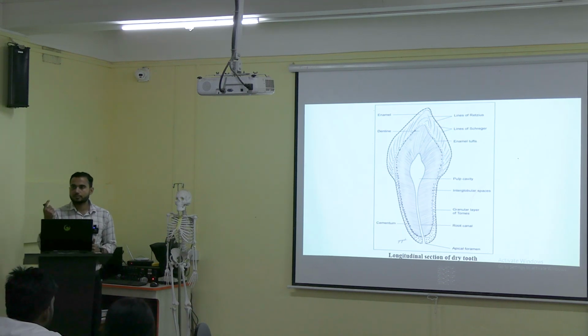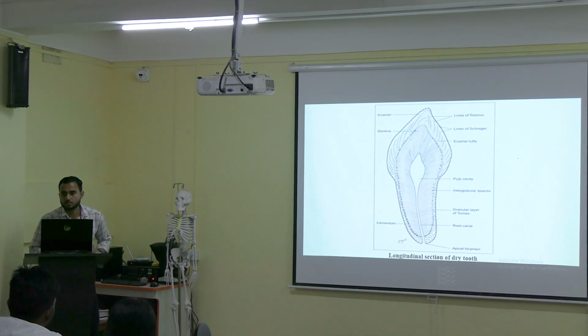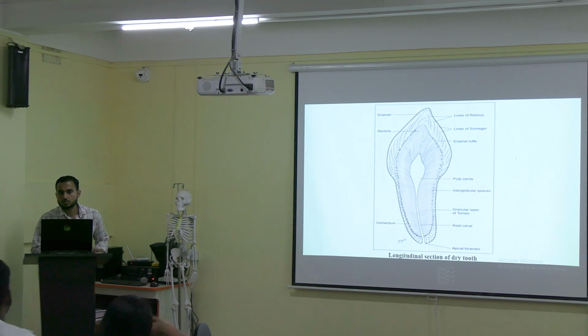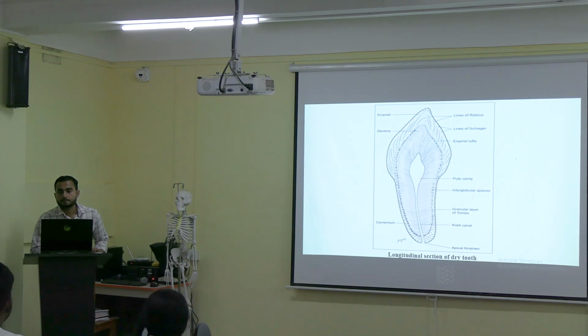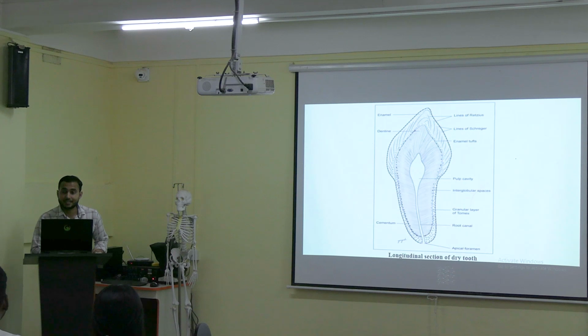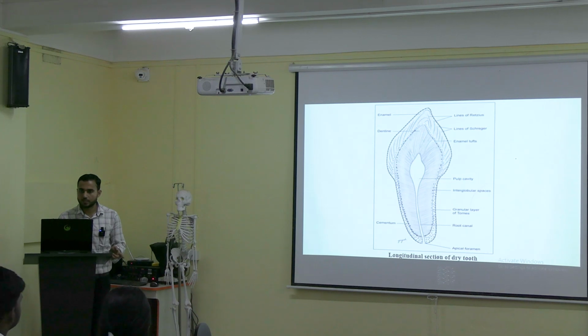Do you remember last time when we discussed the microscopic structure of bone? I mentioned two sections. What are those? One is decalcified, another one is ground. The same thing will occur in the case of the tooth also, because it is the same material which is present in bone. So the section will be either ground or decalcified.